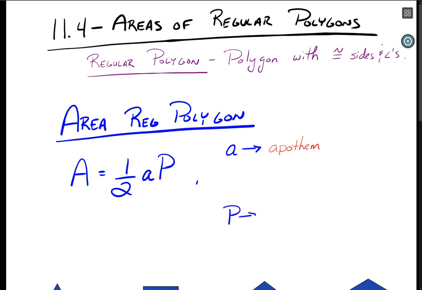The capital P is called, what is that called? Probably don't need to define perimeter, do I? Apothem, we probably need to go into a little more detail, don't we?